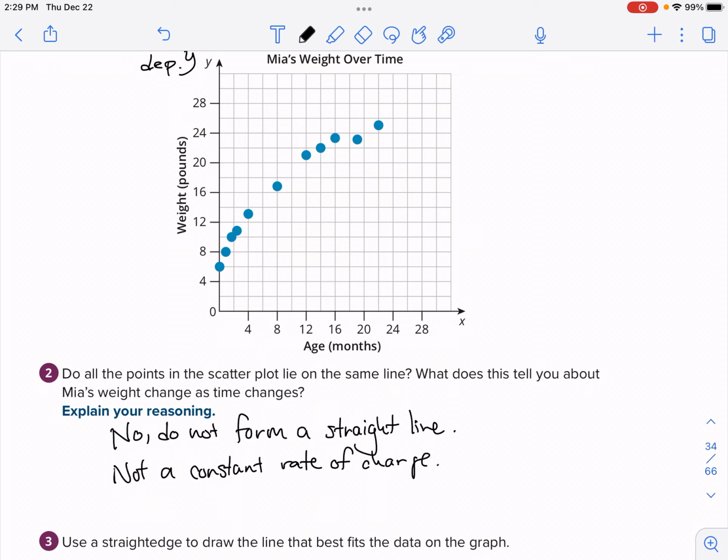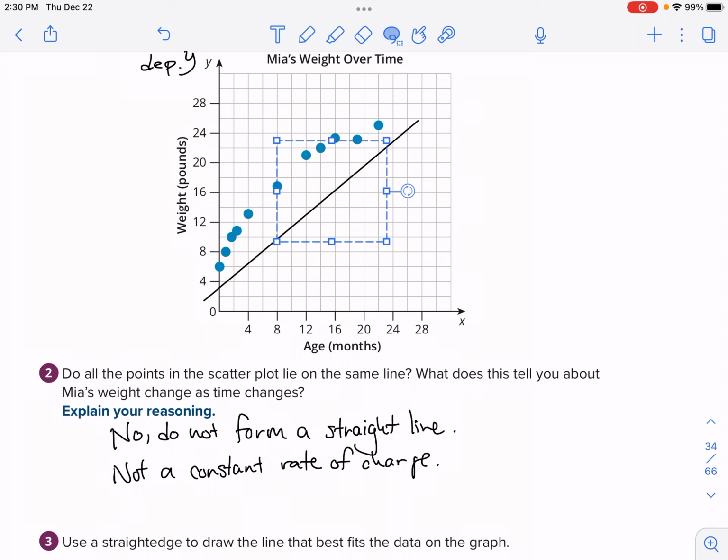Okay. And then it says using a straight edge to draw the line that best fits the data. So I'm going to use my pen, but you're welcome to use a protractor, ruler, edge of the binder, whatever. Let's draw a line that best fits this. Now, if you draw a line like this, nope. It's got to be a line that follows the trend of the data, in this case, a positive slope. And it has to go through like the middle of these points following the trend.